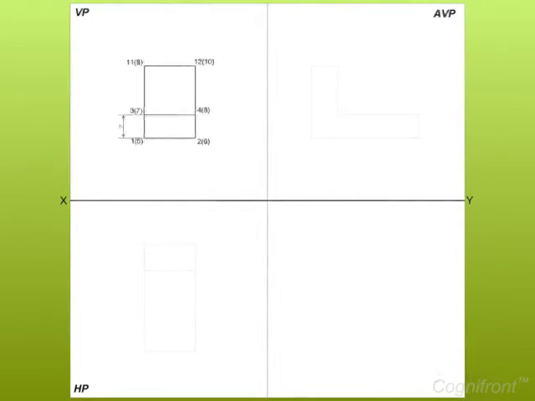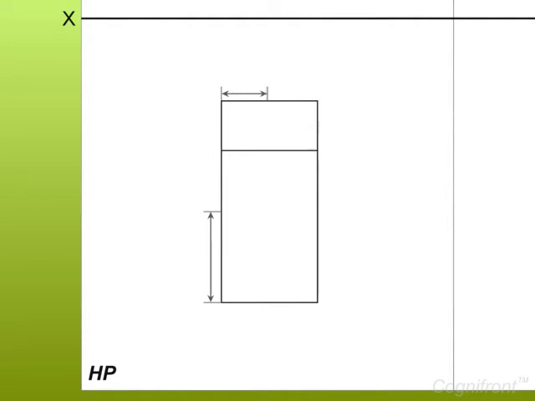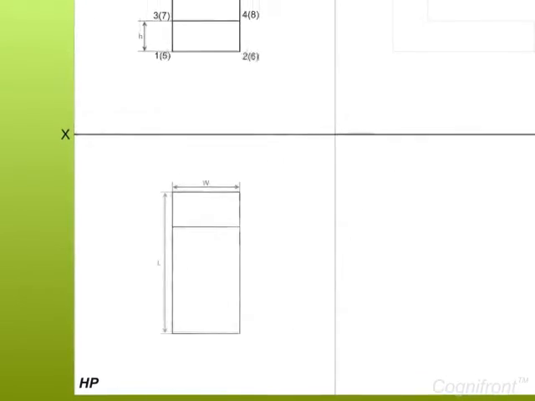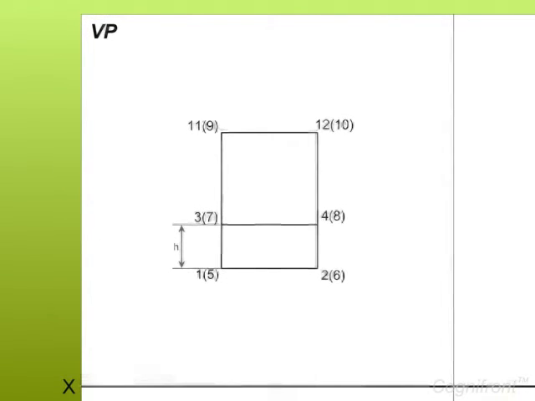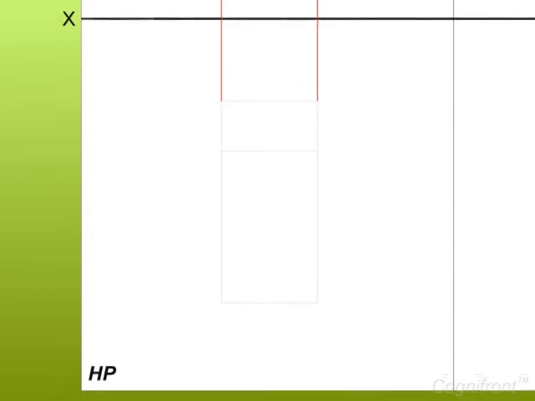Now, let's construct the top view. As we can see, it is a rectangle of dimensions L by W. We extend vertical projectors from 1, 5 and 2, 6 below line XY.